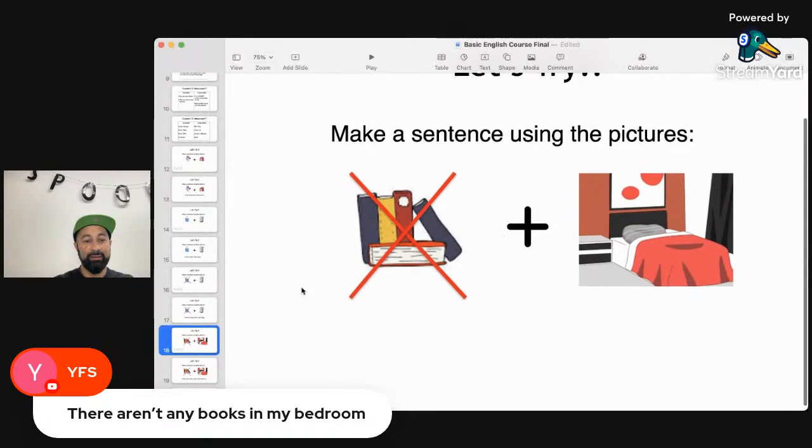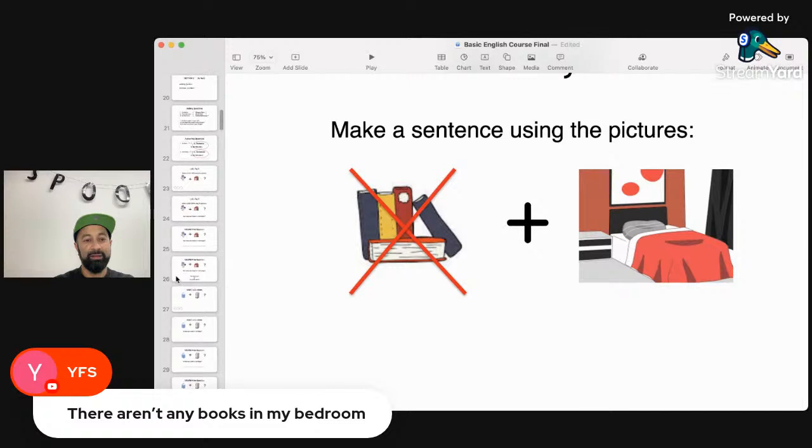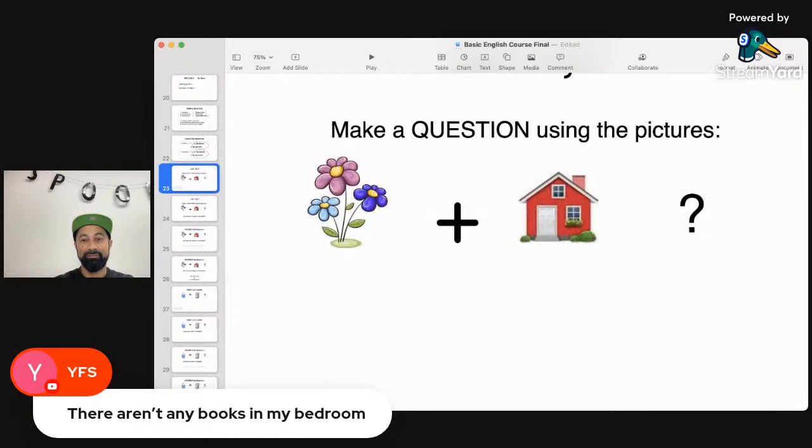All right. So next, let's make a question. Now, remember, our questions are going to be is there and are there. So look at the pictures and make a question using either is there or are there.